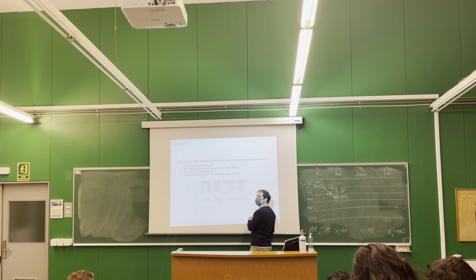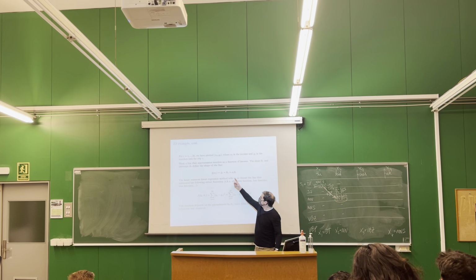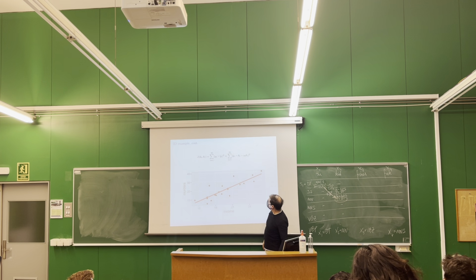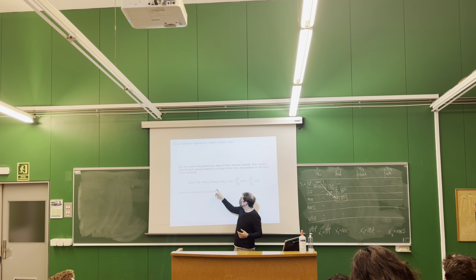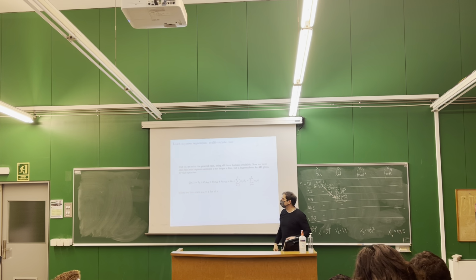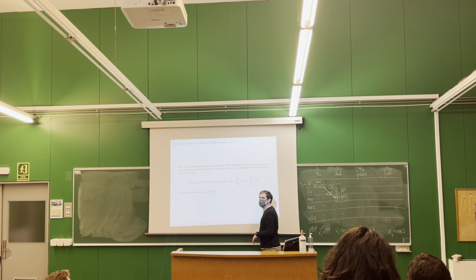In this case, the linear equation is not this one, it's this other one. The first column is income, the second is the inhabitants, and the third is the unemployment rate.